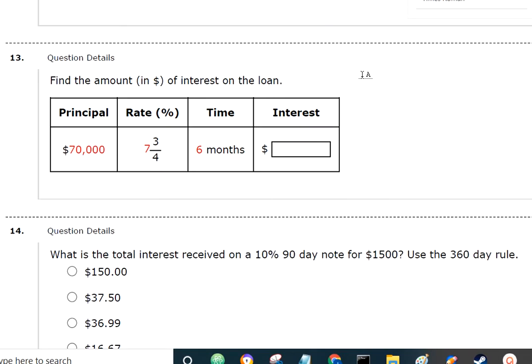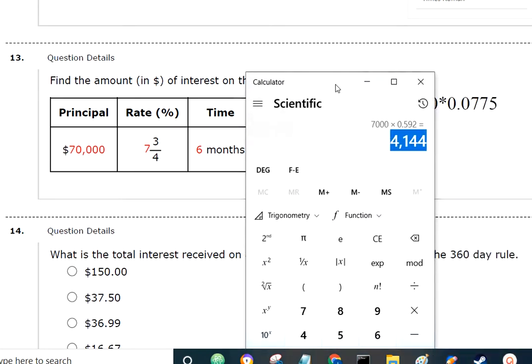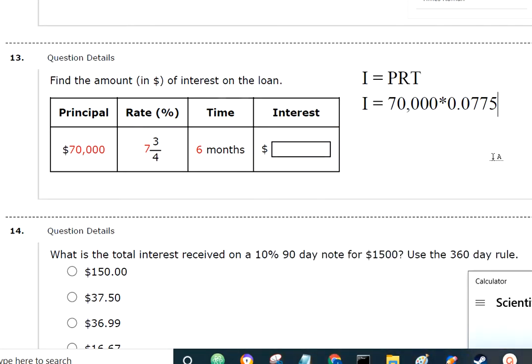Question 13 says, find out how much interest is on the loan. We just did simple interest in this class. So the interest is found by taking the principal, the starting amount, times the rate, and just so you know where I'm getting this from, 7 3/4. Look, 3/4 as a decimal is 0.75. So this is 7.75%, which is 0.0775 as a decimal.